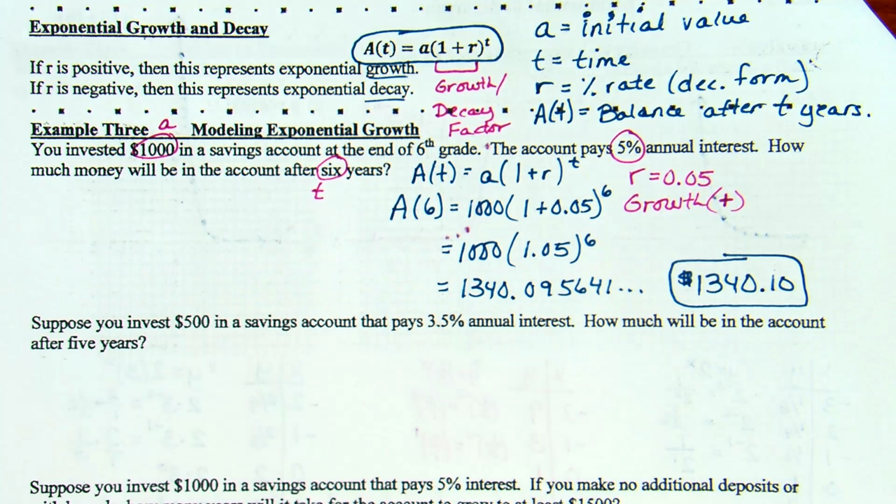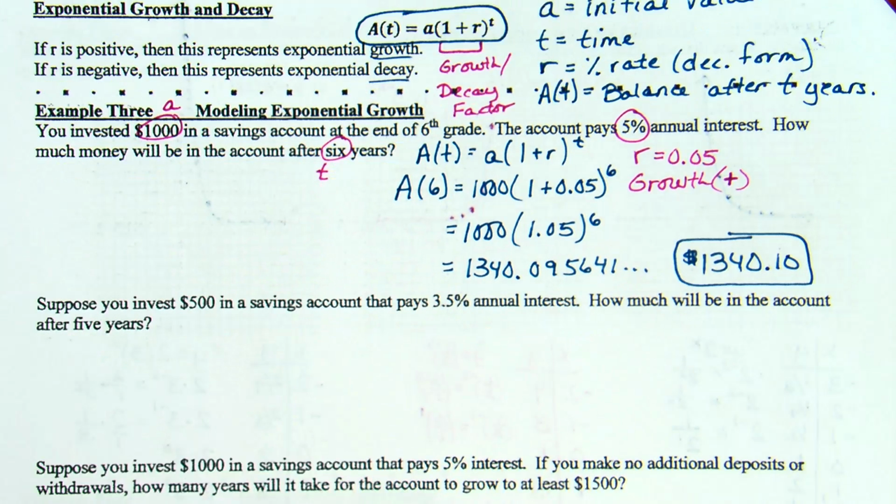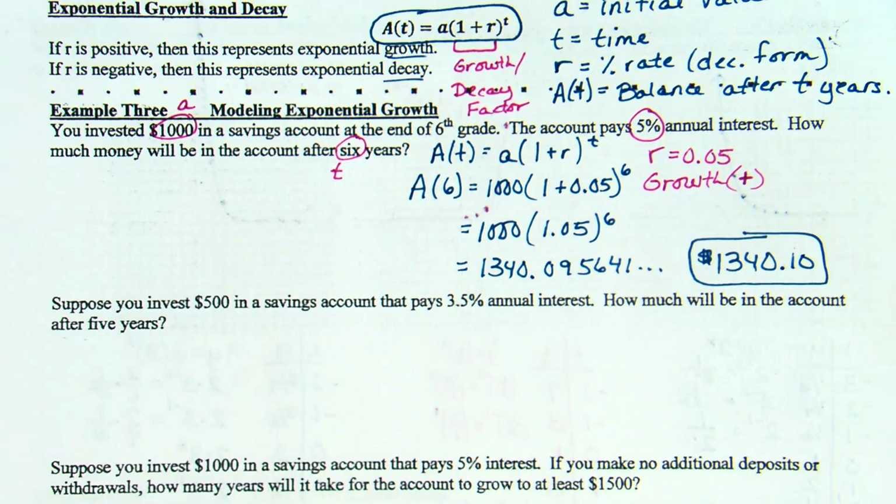So even though we're calling it exponential growth and decay, this is interest, right? Okay, you've seen whether it be simple interest, compound interest. This is our variation of compound interest. You've seen this stuff through the years. So, okay, guys, what can you identify in this problem?